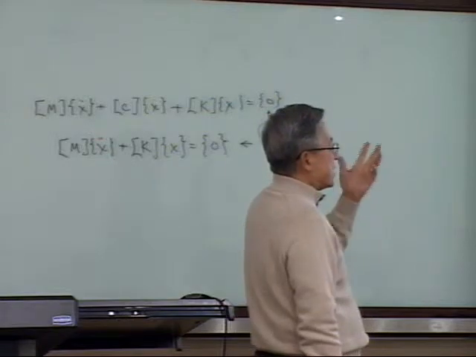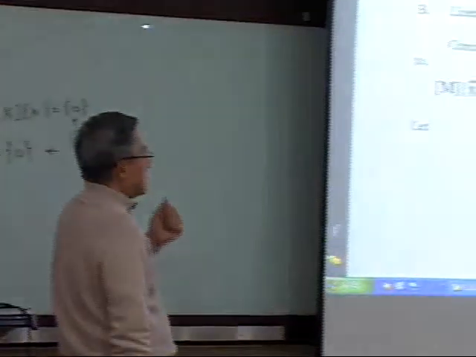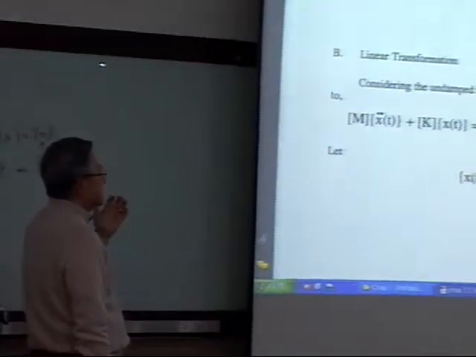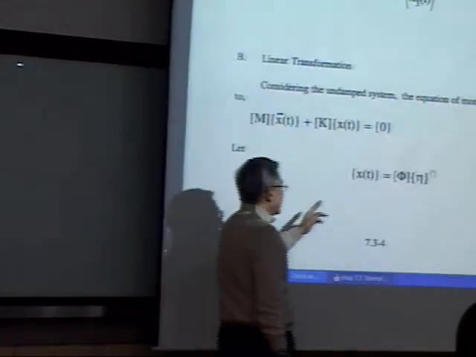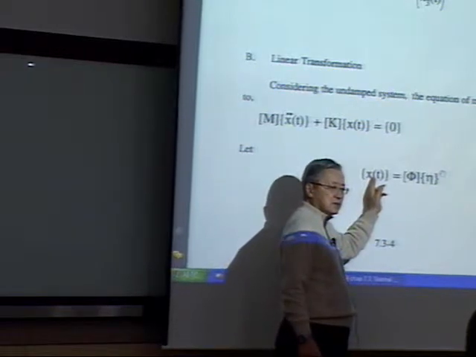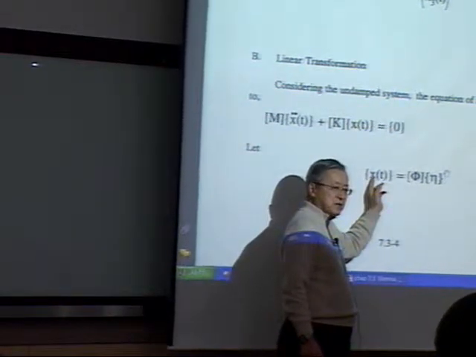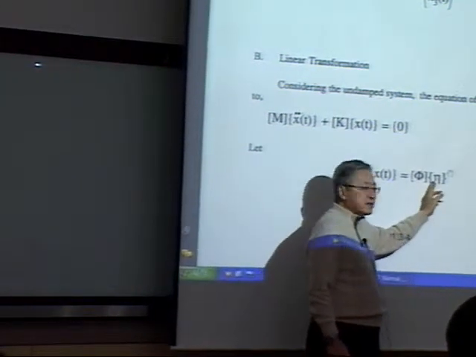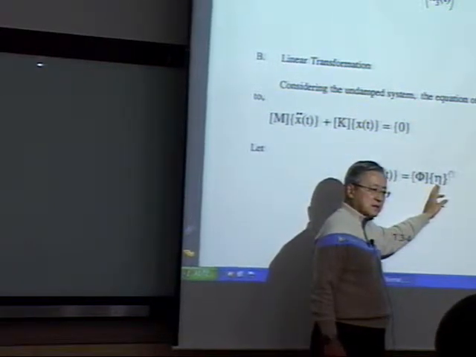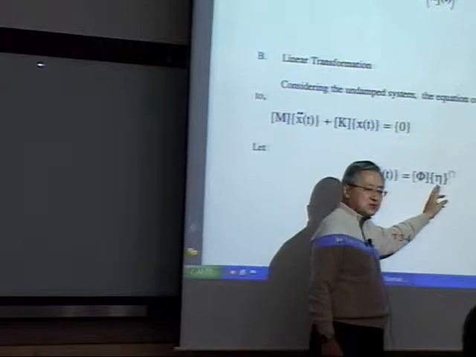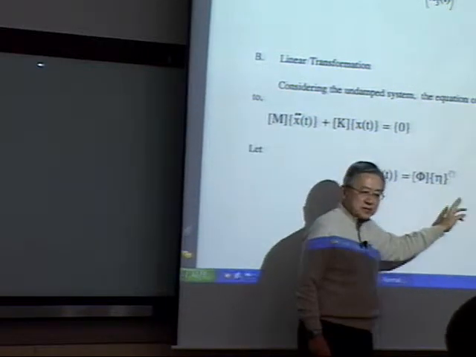As I said, it is a linear transformation. Then we're going to say let x be a physical coordinate in the physical space. This eta is a modal coordinate, or some people call it a generalized coordinate.